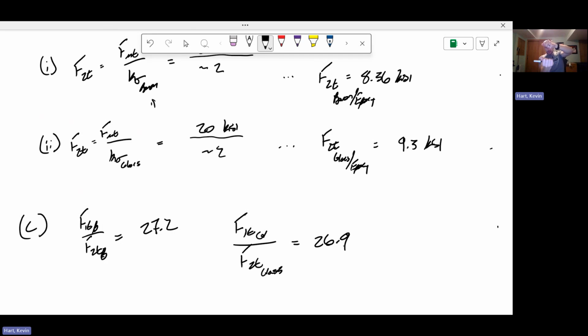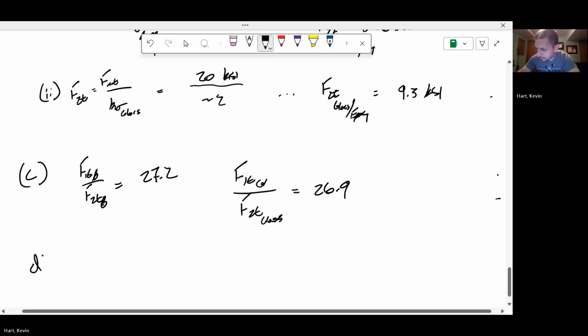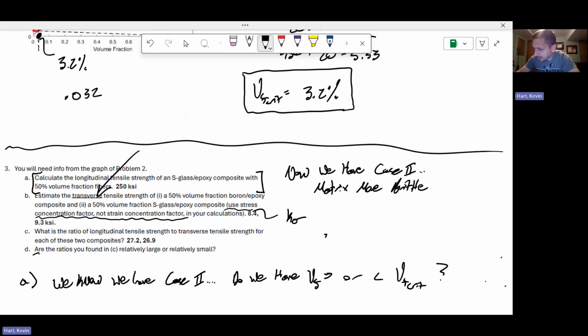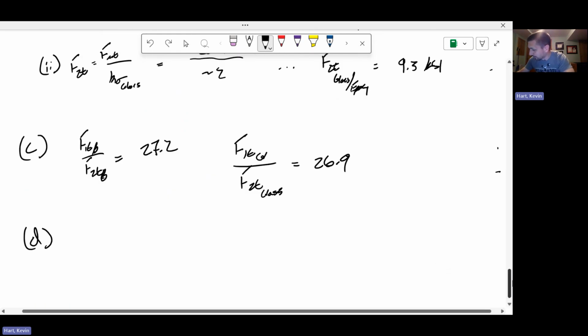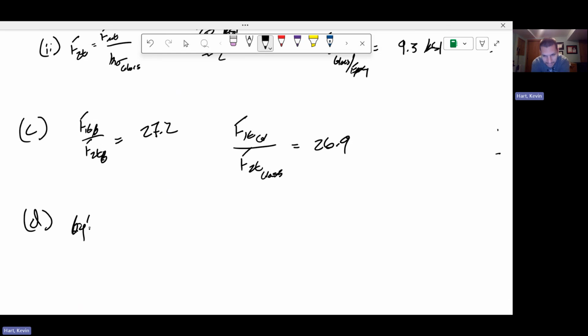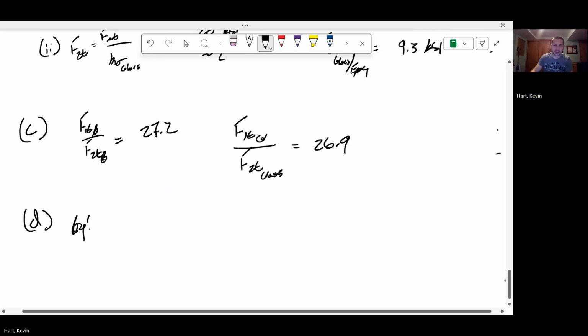Whether I pull along the length of the fibers or across the fibers makes quite a large difference. Let's cap off this problem. Part D, are the ratios you found in C relatively large or relatively small? Well, we talked about this. This is a big difference. So 27 times stronger in the one direction than it is in the two direction. All right, so that's a pretty significant difference.